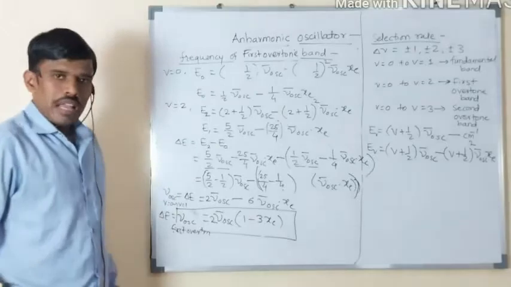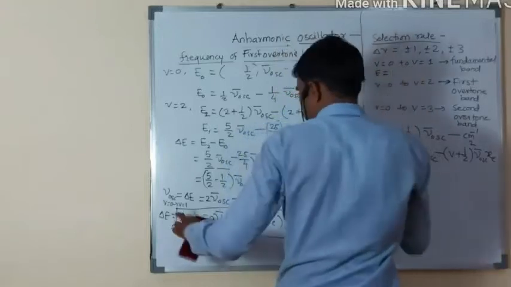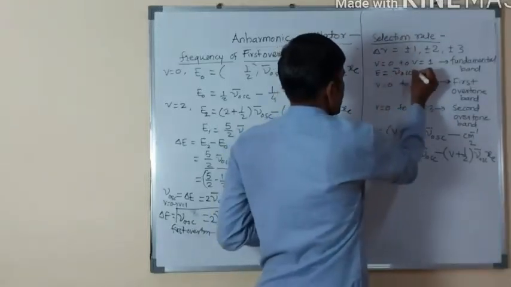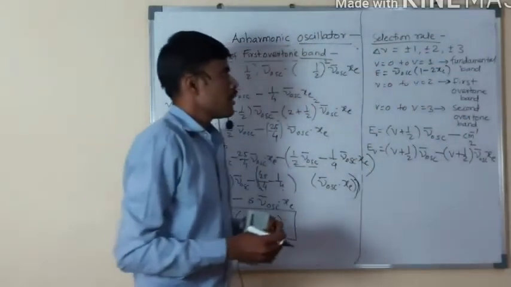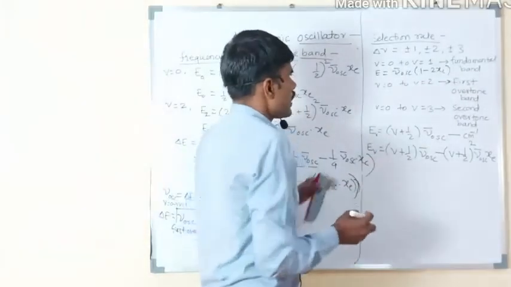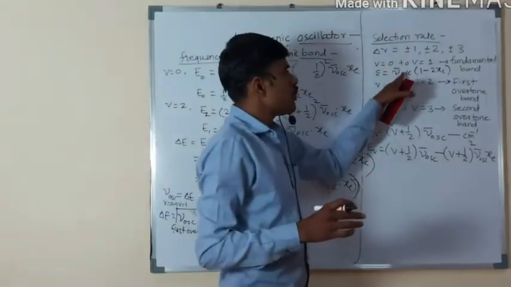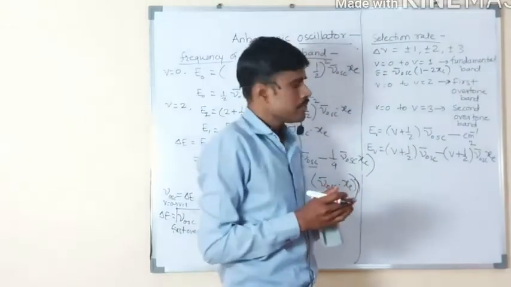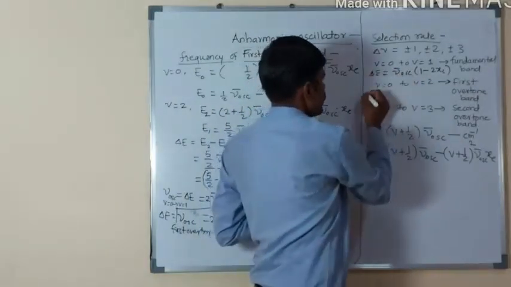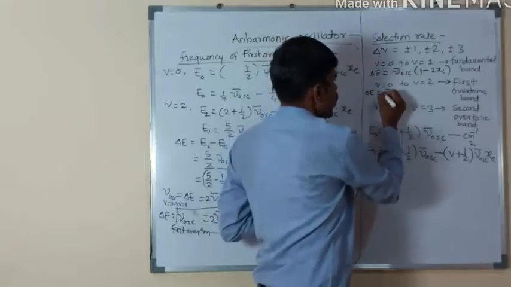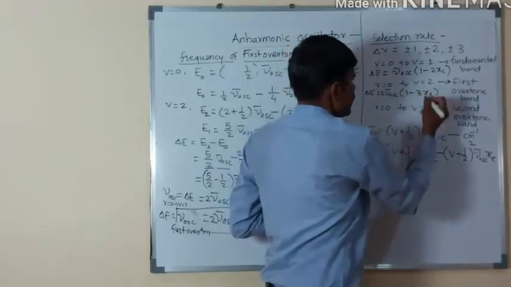So for the fundamental band, the energy is equal to ν̄ of oscillation into 1 minus 2Xc. For the first overtone band, this energy is equal to 2 ν̄ of oscillation into 1 minus 3Xc.